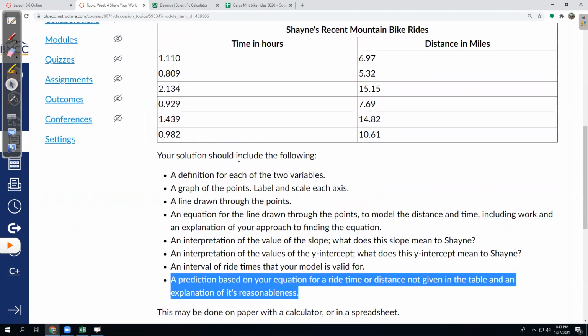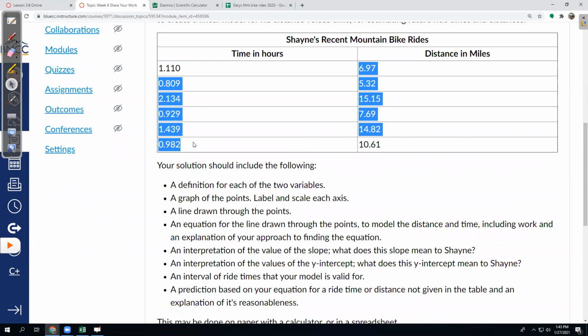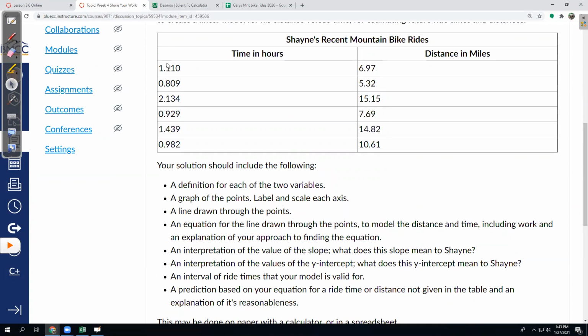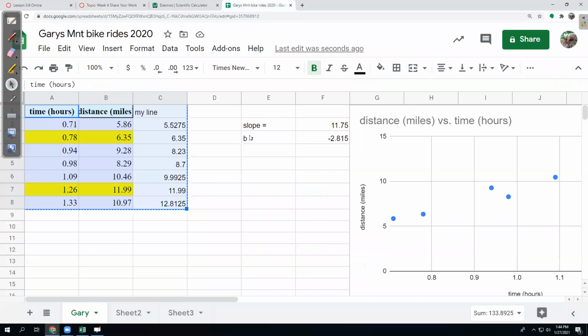So to make a prediction is to pick a time that's not in the table here. And again, interpolation, extrapolation. I wouldn't pick 4 hours because there's no evidence about what Shane can do in 4 hours here. So pick a number in this range here, something between 0.8 and 2.1. So for my data back here, if I were going to do a prediction, so let's make a new place for prediction, then I would say, let's go exactly 1 hour.